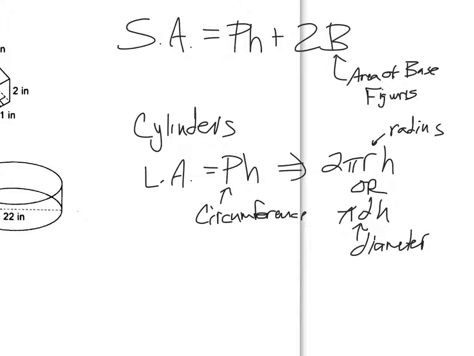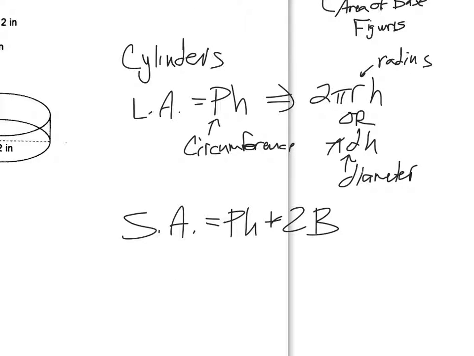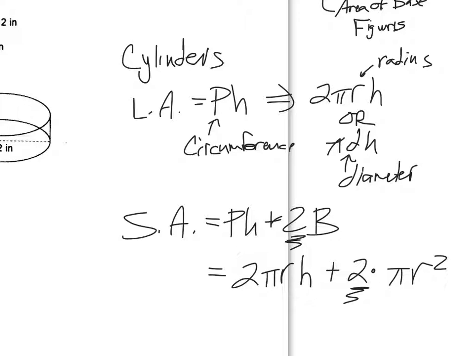And then surface area is still the two bases, but in the case of a cylinder, the bases are circles. So in this case, we can be a little bit more specific, and we can say surface area is 2 pi r times H plus 2 times pi r squared, because the area of a circle is pi r squared, and then we have two bases, two circles, top and bottom.